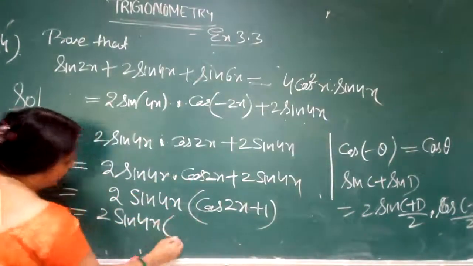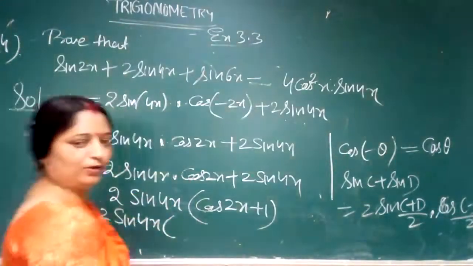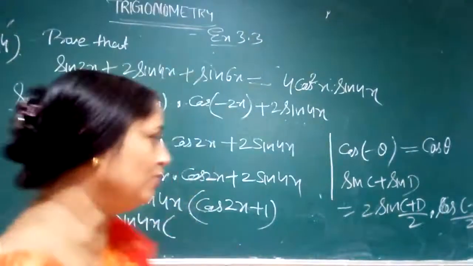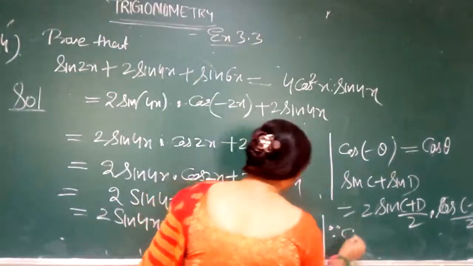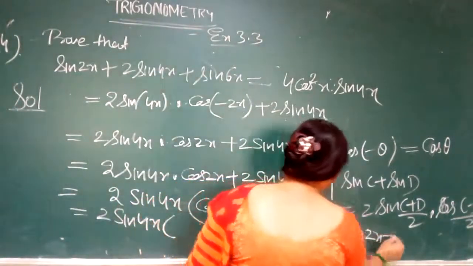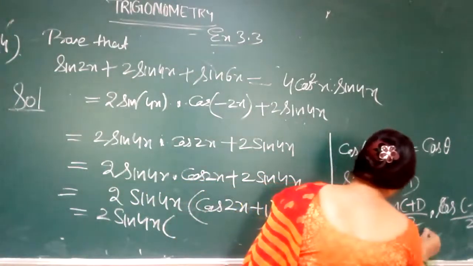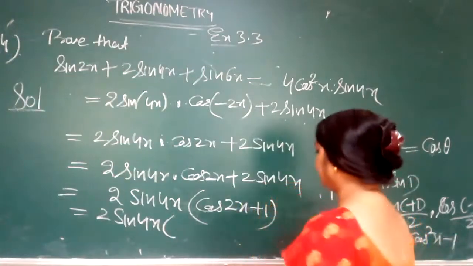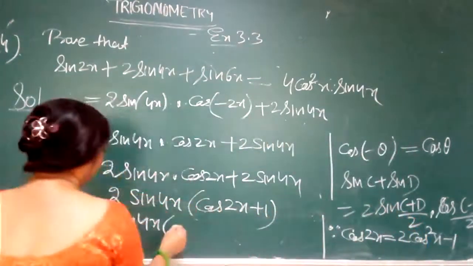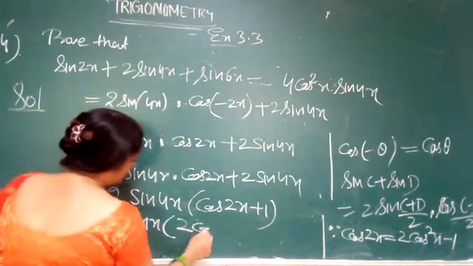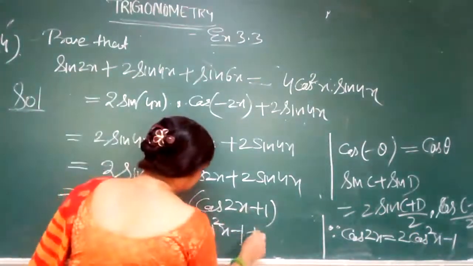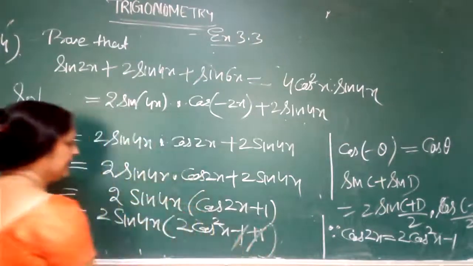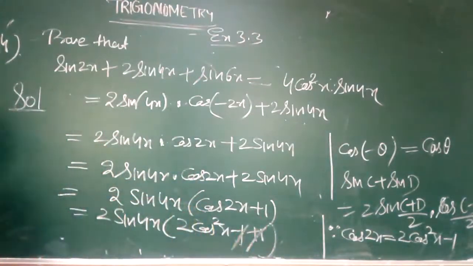What is the formula of cos 2x? The formula of cos 2x is 2 cos square x minus 1. After that what will come here? 2 cos square x minus 1 and this plus 1 as it is. After that minus 1 plus 1 cancel.